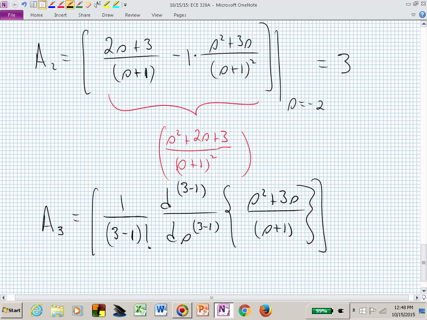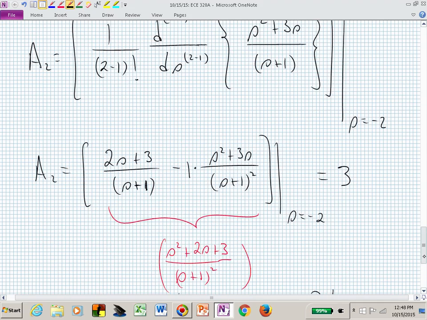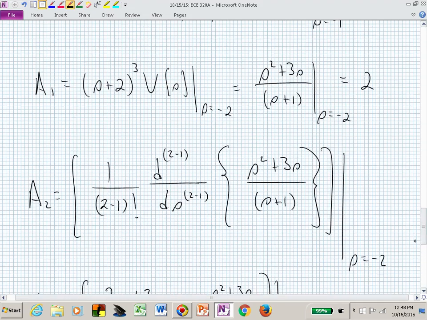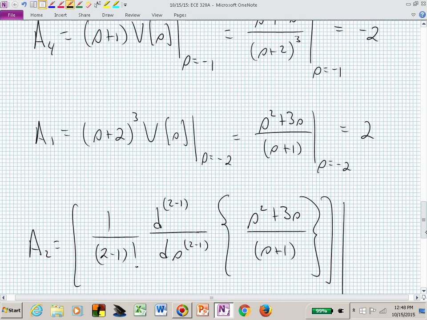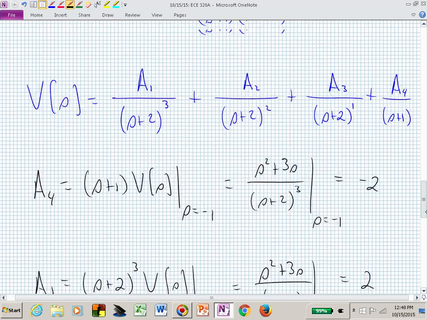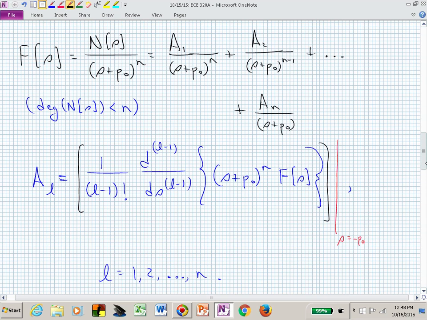Question? Yeah, when we went back to the topic of a sub 2 differentiation, why are we not multiplying that by (s plus 2) squared? So here, if we look at this, we should multiply whatever was on the left, which is our v of s, here it's f of s, by the factor raised to the highest power.